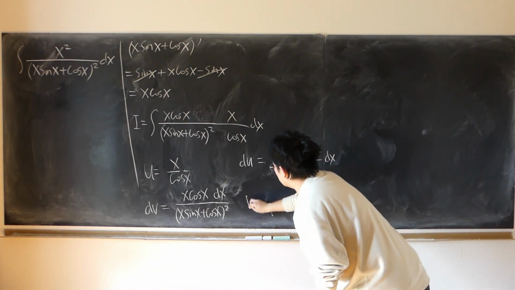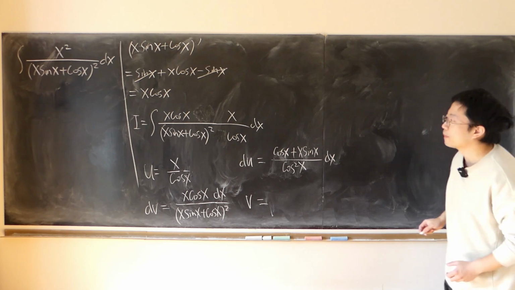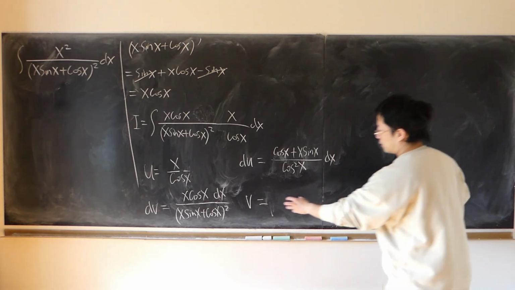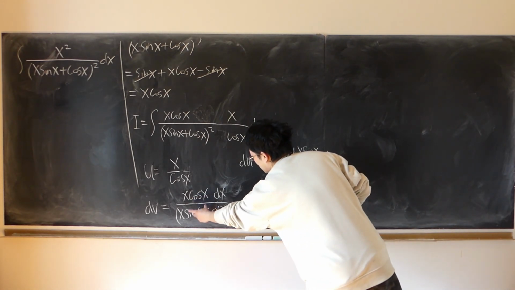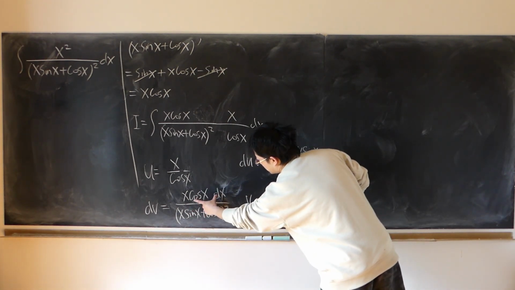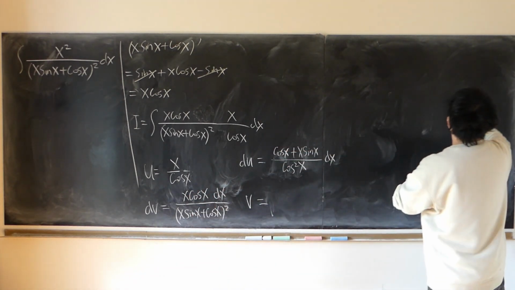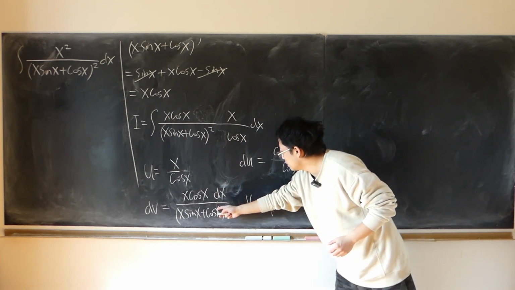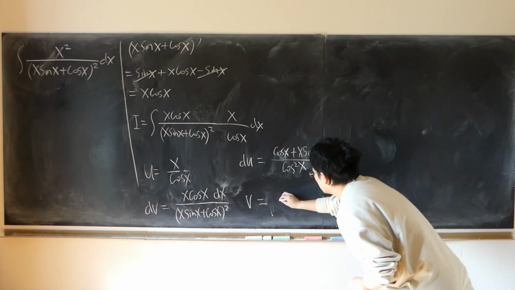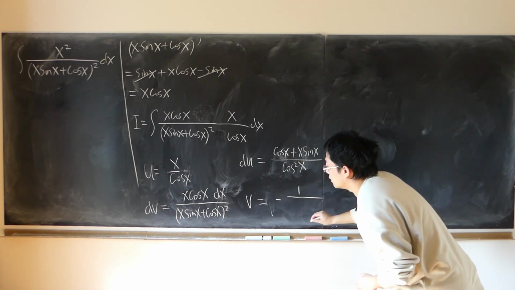And so therefore, the antiderivative of this thing is what? Like I said, the bottom is this bit, t squared. The top is just dt, because it's the derivative. So when you have dt over t squared, the antiderivative is immediately negative 1 over t, where t is this bit.